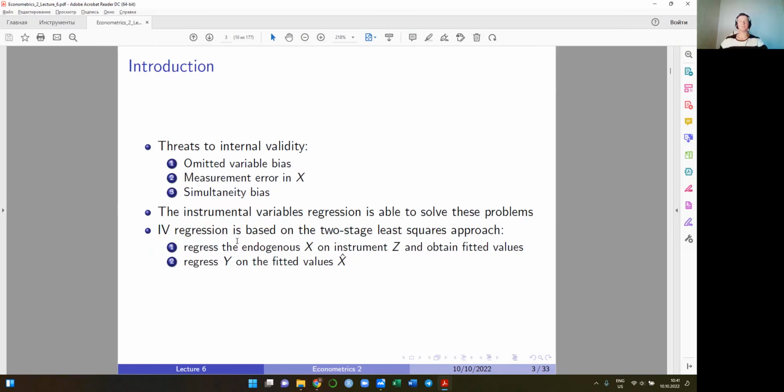And then they regressed the years of education on this birthday, either before or after September, and finally they use these predicted values to regress income of a person on this fitted value.